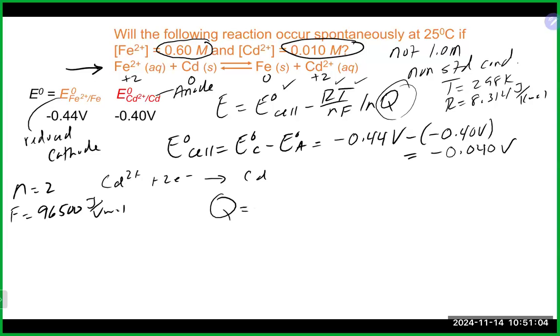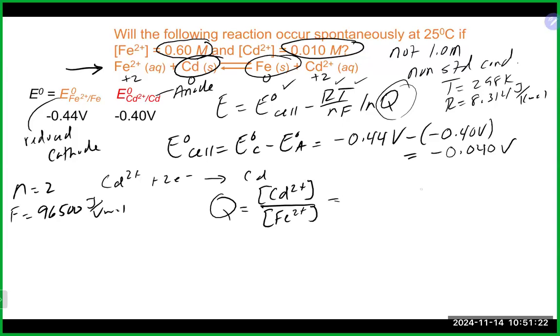So Q would be our products over our reactants. In this case, just like normal, it is going to be the cadmium over our iron 2. Again, these guys are solid, so like normal, they would not be included in our Q equation.